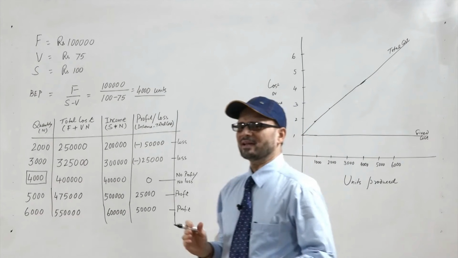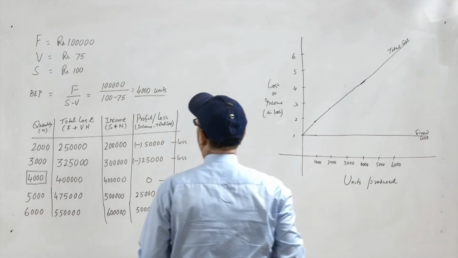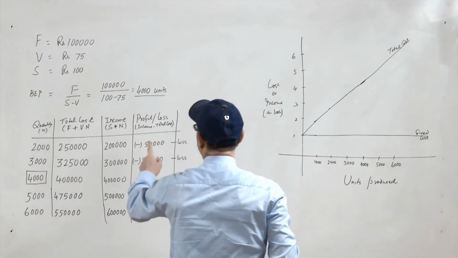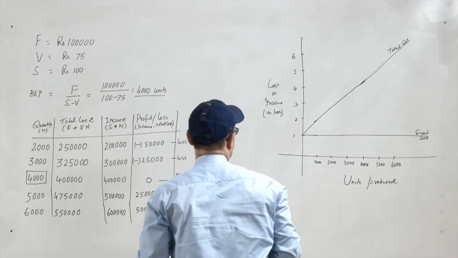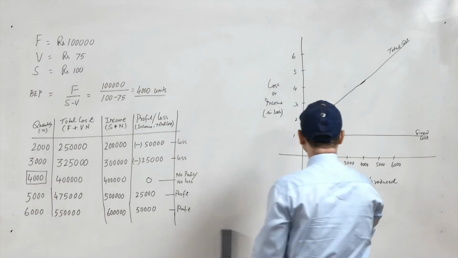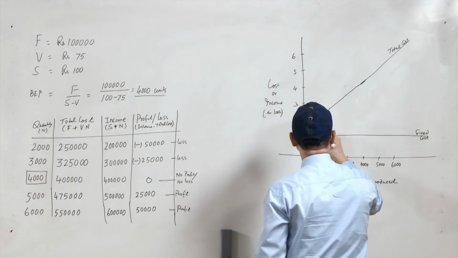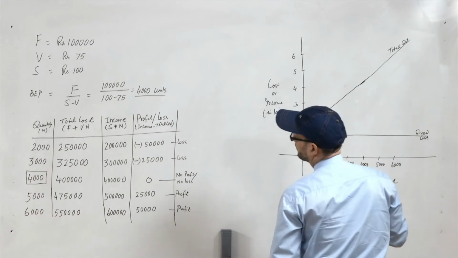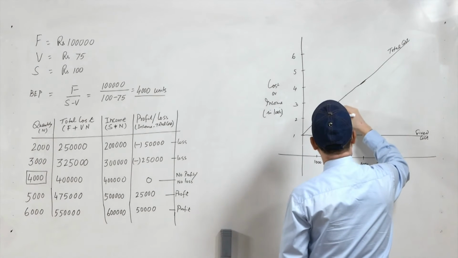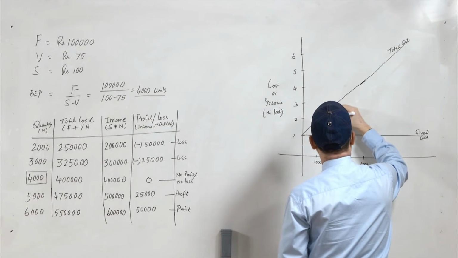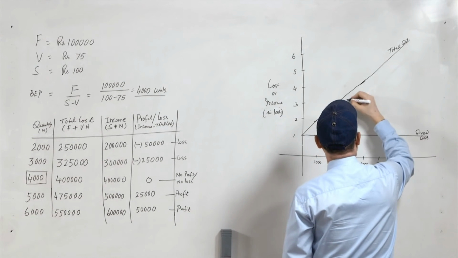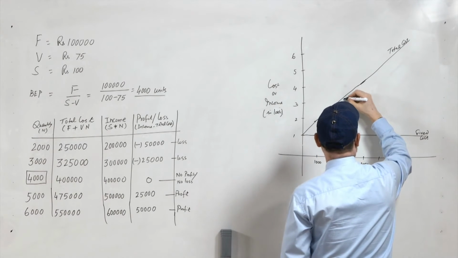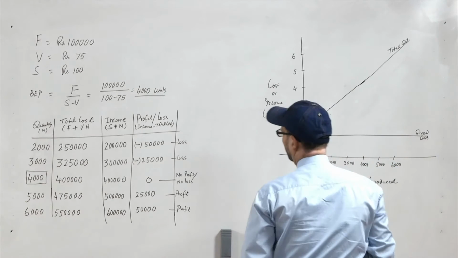Now, we have the income line, and if the income is shown for 1000 units, it is 1 lakh. For 2000 units, it is 2 lakh. For 3000 units, it is 3 lakhs, and for 4000 units, it is 4 lakhs.